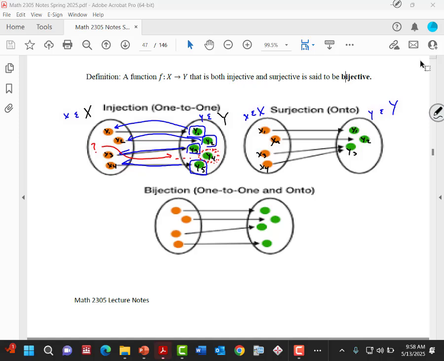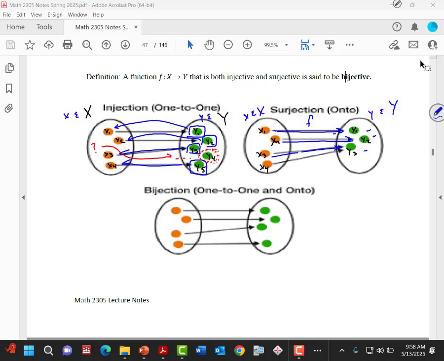Well, there are only 3 elements in the codomain, and every single one of them gets hit by a member in the domain. And so this function f is said to be onto Y, because every y is getting related to by some x.